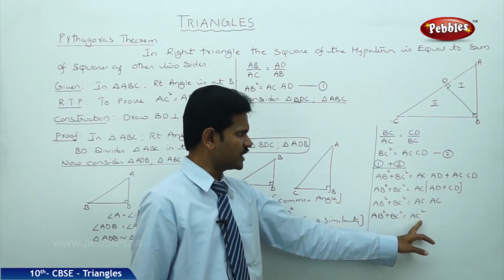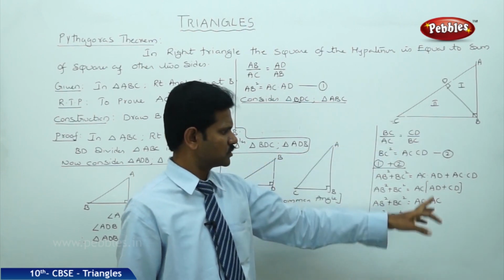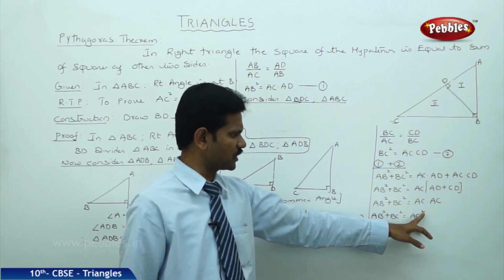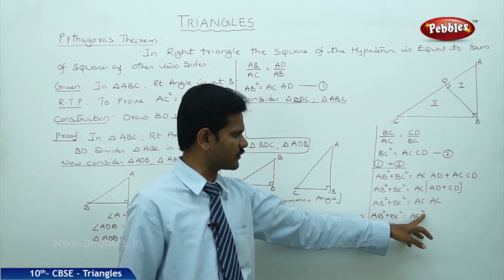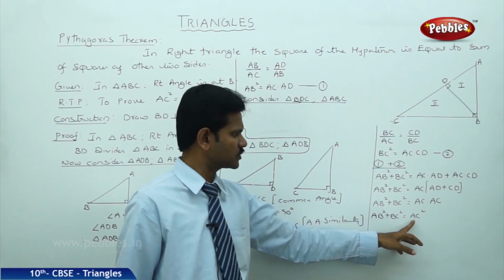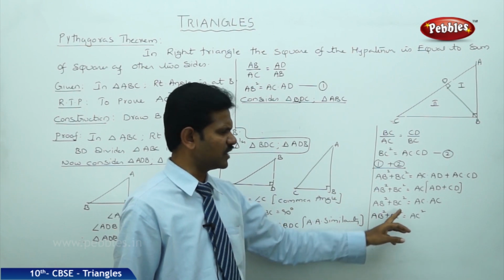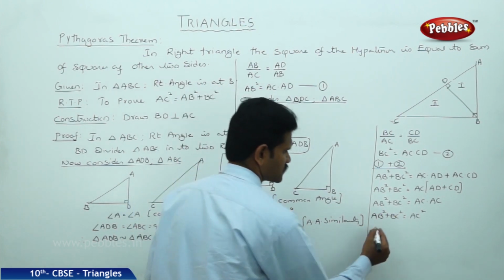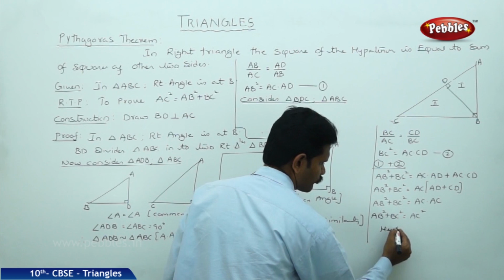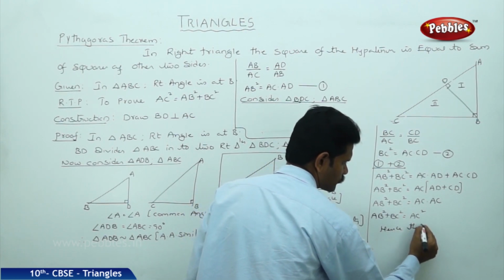Therefore, AC is the hypotenuse. Therefore, we conclude that in a right angle triangle, the square of the hypotenuse is equal to sum of squares of other two sides. Hence the theorem.